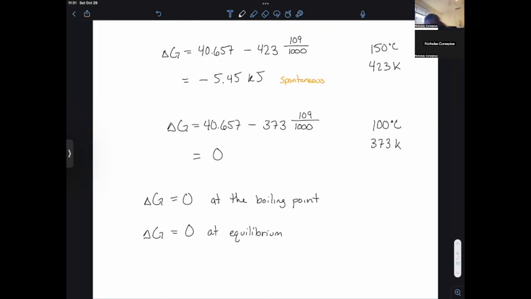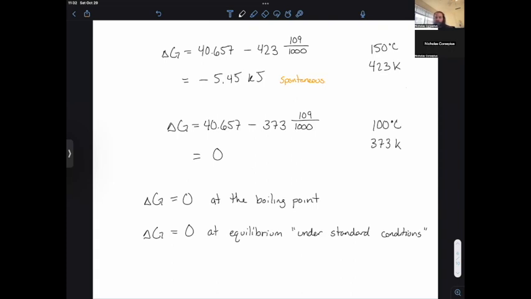With this caveat that it's at equilibrium under standard conditions. And this is actually a pretty big caveat here, and we'll talk exactly about what this means next lecture.